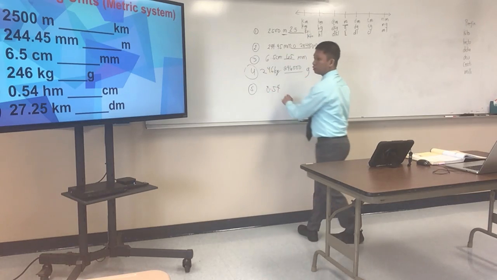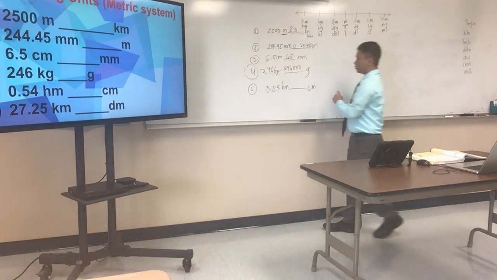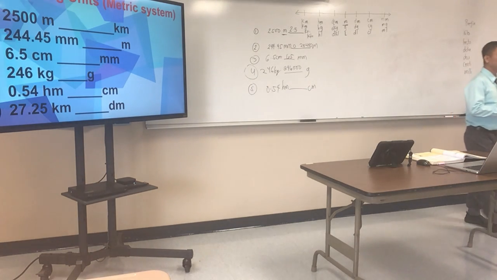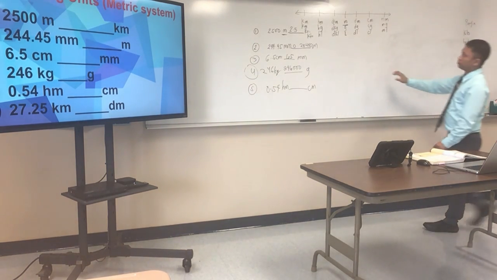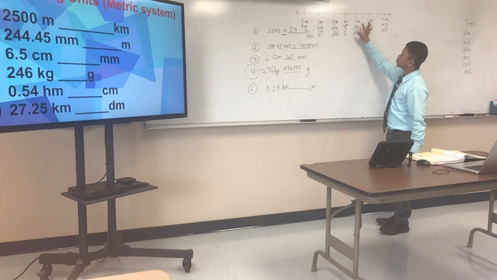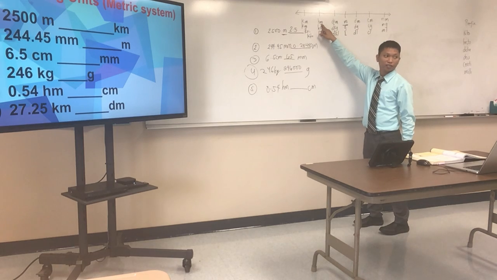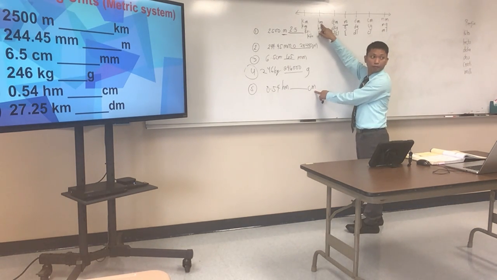0.4. What's HM? Hectometers. Okay. We are going to look at first what unit we are going to convert. HM is here. So we are converting HM to CM, right?